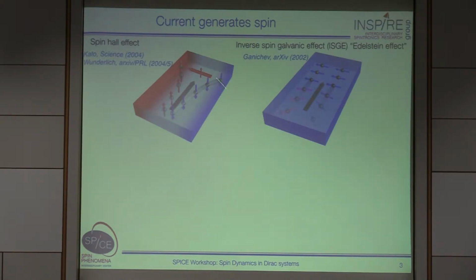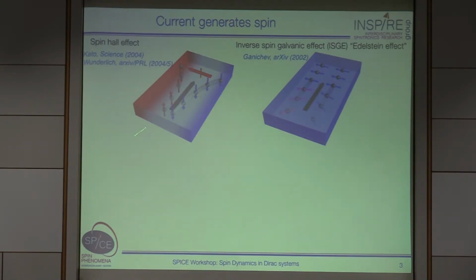These are effects which we can use nowadays to generate spin via electric current in real devices, which can be eventually interesting also for industry, because there is a huge hope that these extremely large spin-orbit fields, which are generated here in these heavy metals, can be used effectively in magnetic random access memories.